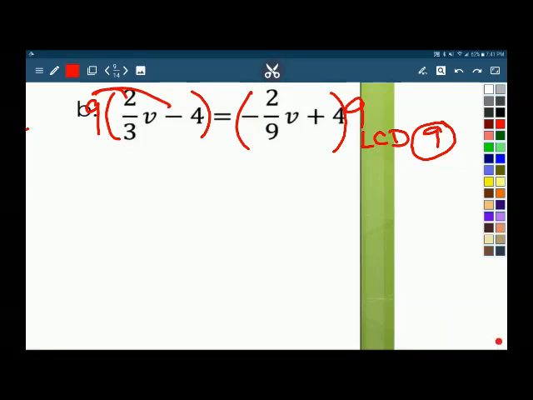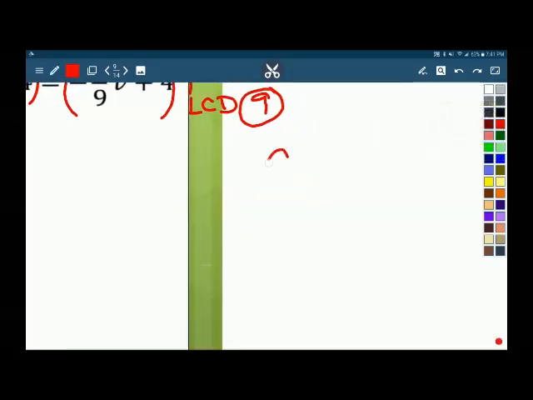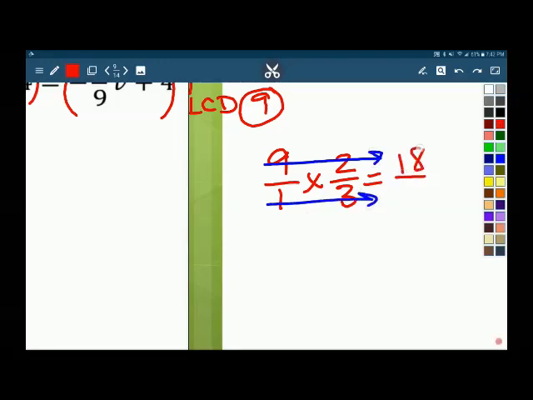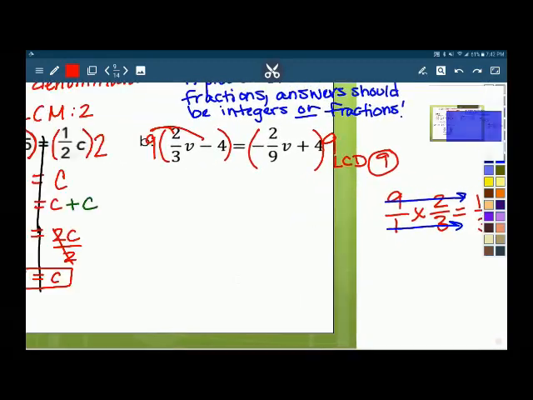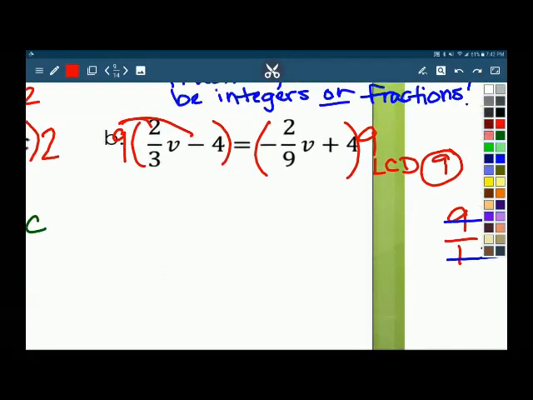Now you can use a calculator if you want to figure out what 9 times 2/3 is, but I'll make a little side note. 9, or 9 over 1, times 2/3. Whenever you multiply fractions, you're basically just multiplying the numerators and multiplying the denominators. 9 times 2 is 18. 1 times 3 is 3. 18 divided by 3 is 6. So 9 times 2/3 is really just 6.